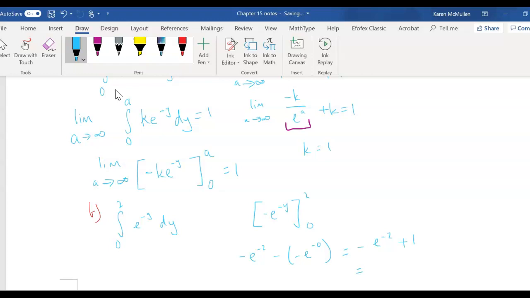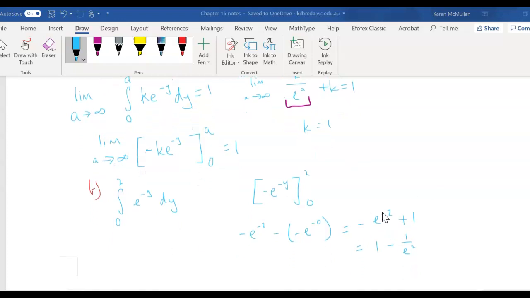I should just tidy that up. We're going to have 1 minus 1 on e squared, or you can leave it as a negative power if you like. Obviously you can also do it on your calculator, but ones like this are very easy to do. Don't let the e scare you off.